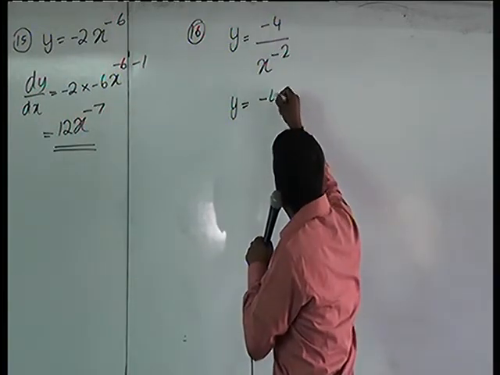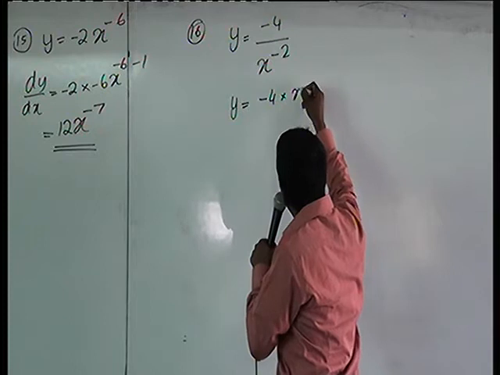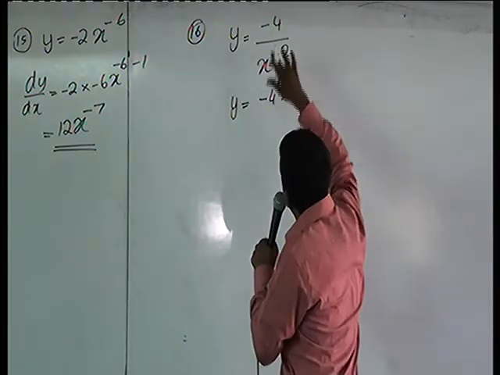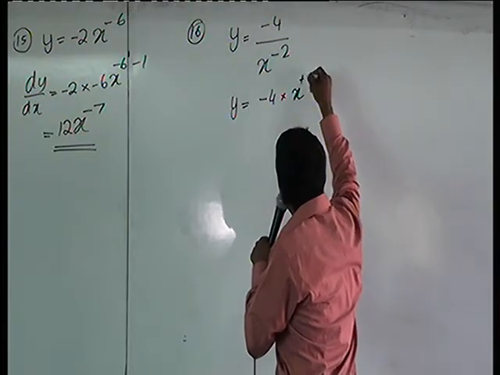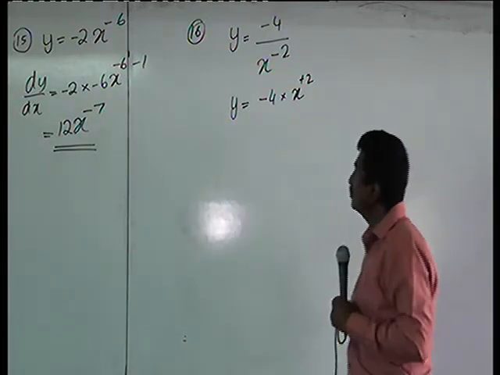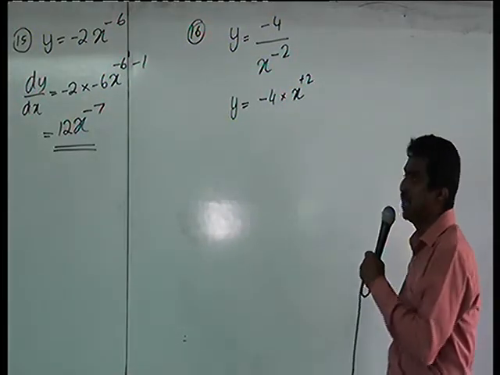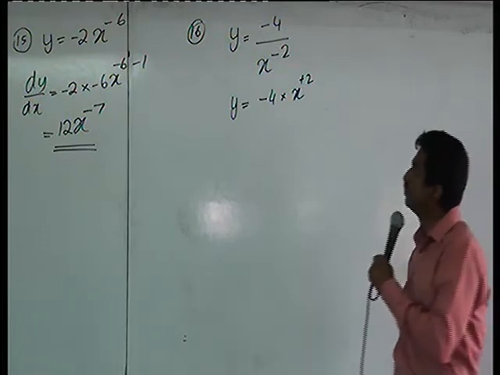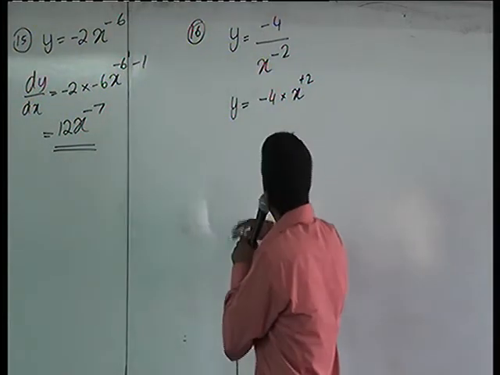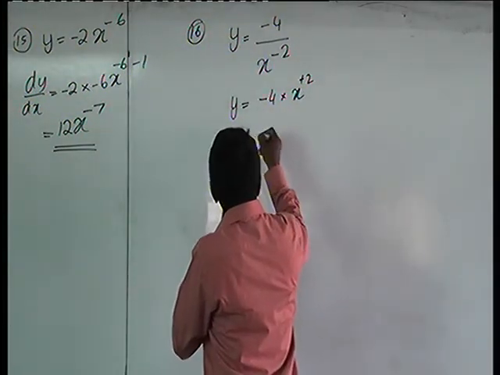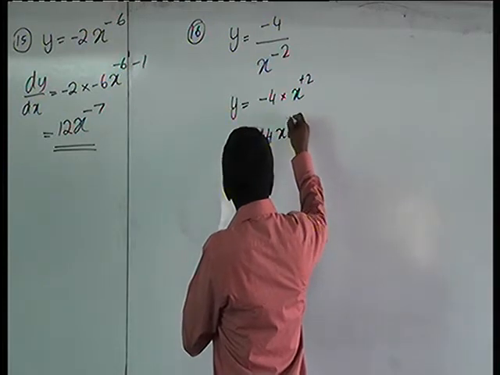So minus 4 into x to the power minus 2 becomes, when you take it to the numerator, plus 2. x to the power minus 2 becomes x to the power plus 2. So now we have y is equal to minus 4x to the power 2.